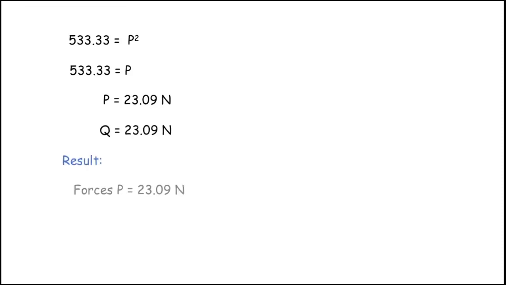And you have to take root for the 533.33. We get P equal to 23.09 Newton. If the given data was P equal to Q, then the value of Q is also 23.09. Finally, we got the result as the forces P equal to 23.09 Newton and Q equal to 23.09 Newton.